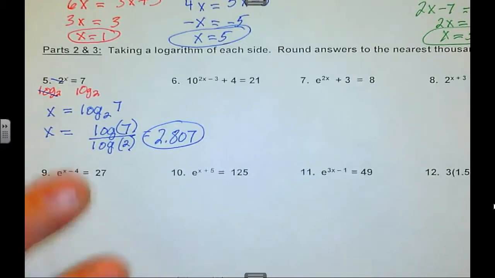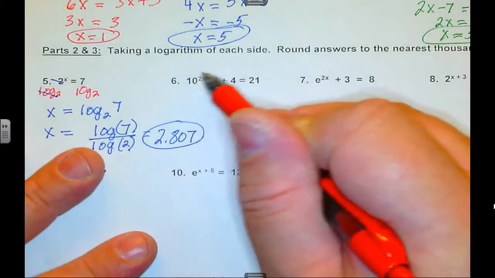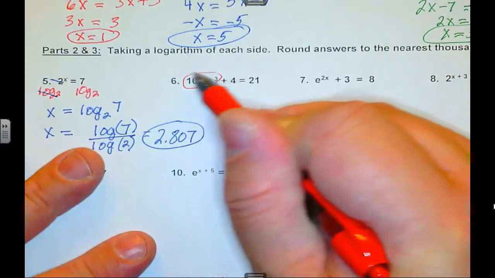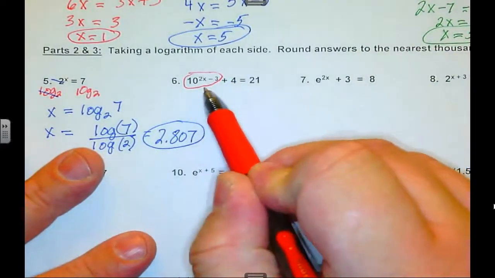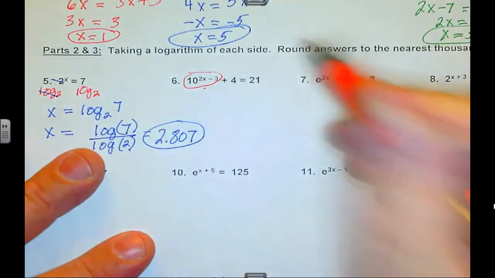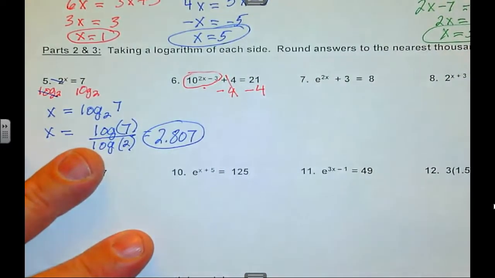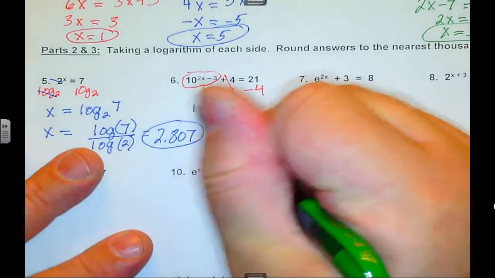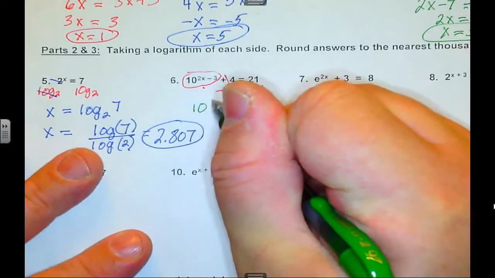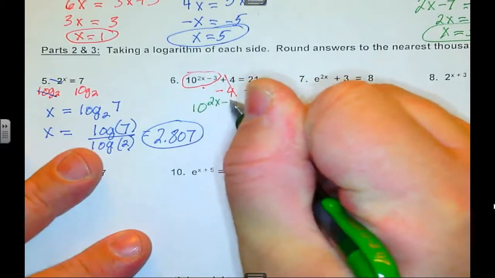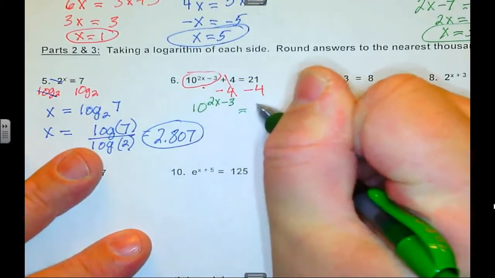Okay, number 6. In order for me to get to the x in the exponent, I'm going to have to get this term by itself. So I'm going to subtract 4 from both sides first. So I get 10 raised to the 2x minus 3 equals 17.